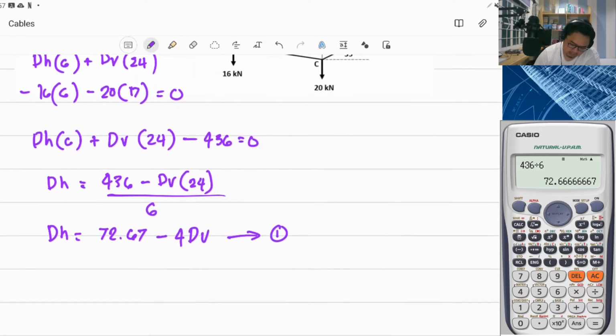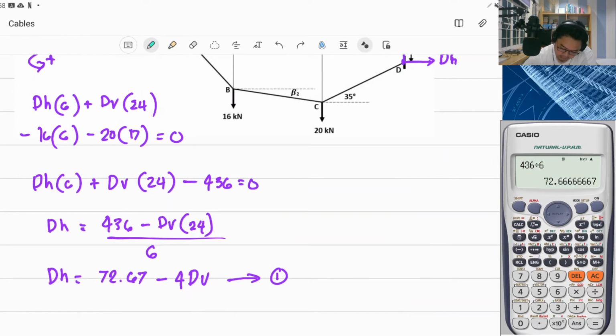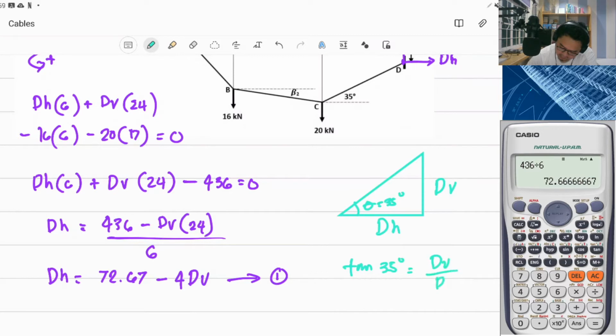Let's draw a triangle. This is DV, and this is DH. Here we have theta, and we know that this is 35 degrees. So the tangent of 35 degrees equals DV over DH.